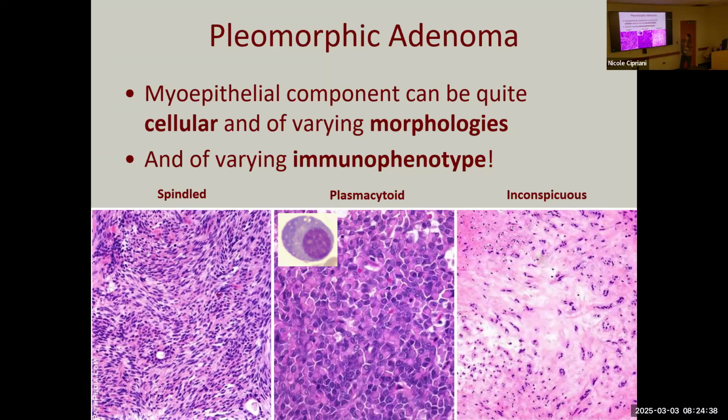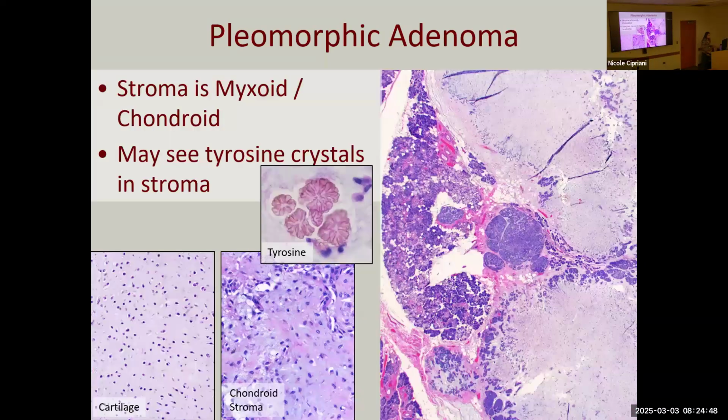So they can have varying morphologies, varying percentages in the tumor, and even varying immunophenotypes. When we talk in a minute about the phenotype of myoepithelial cells, just remember that it's not always uniform.